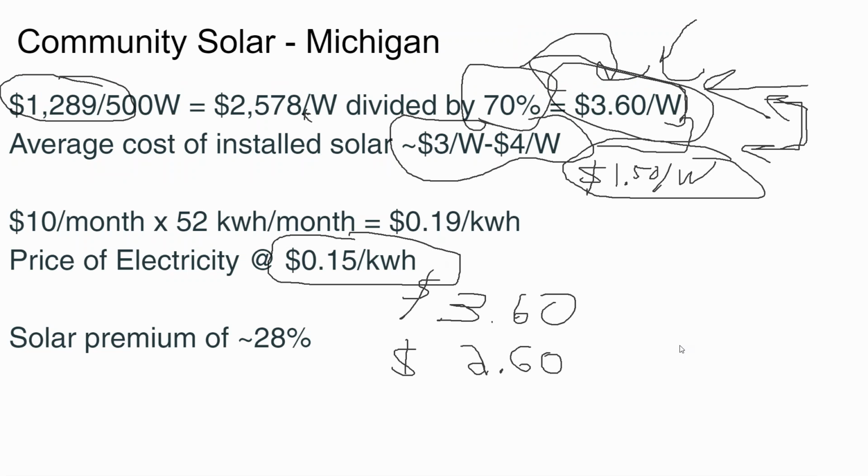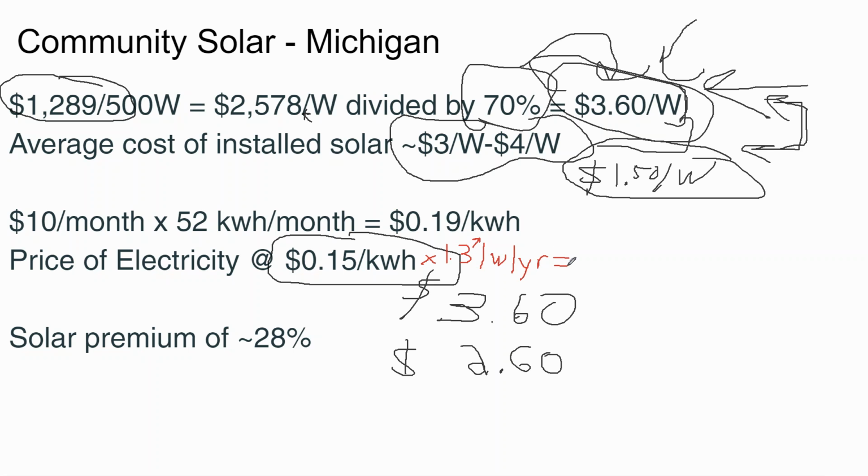And so what we would say is 15 cents a kilowatt hour times, let's just call it 1.3 to keep the math easy, 1.3 kilowatt hours per watt per year.